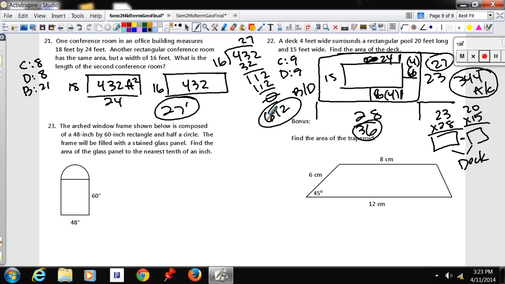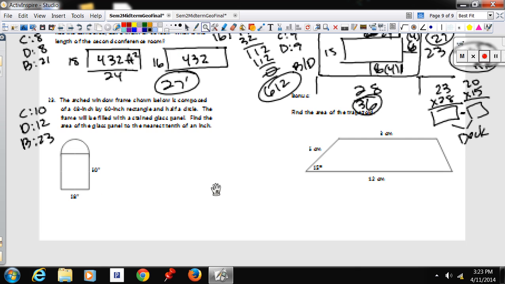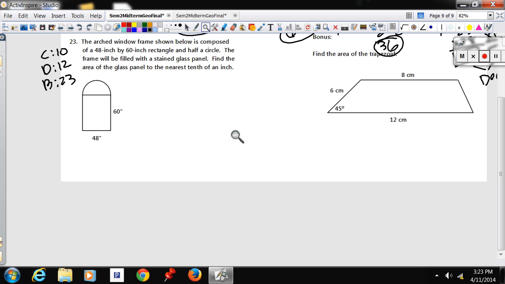All right, 23 is C number 10. It is D number 12. And it's B number 23. And all you're trying to do is find the area of this shape. So we need to find the rectangle, and we need to add it to a half a circle.